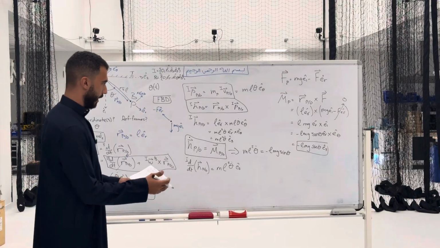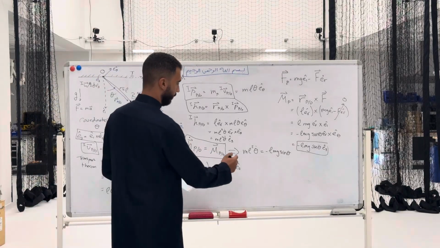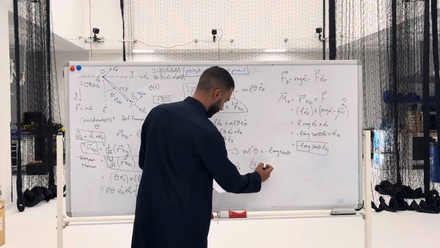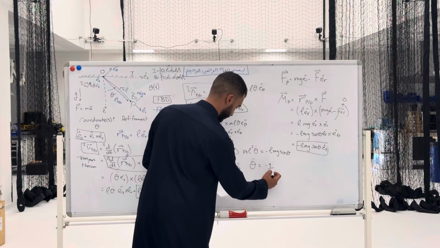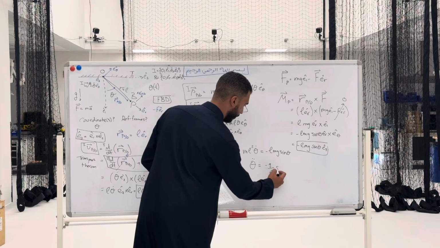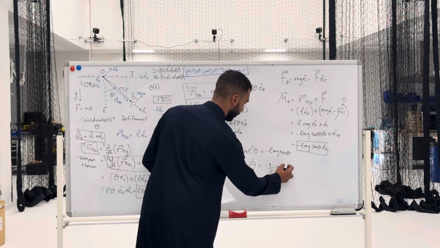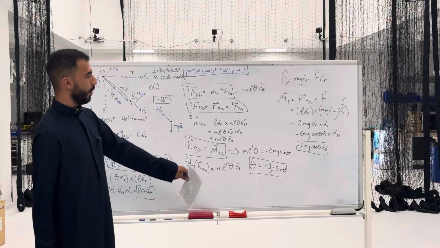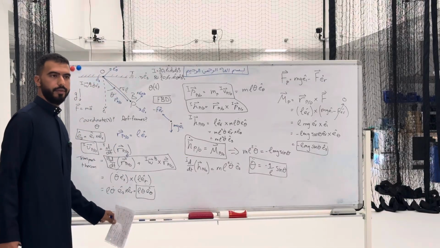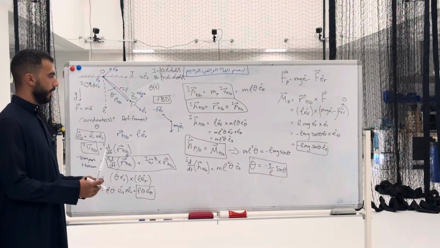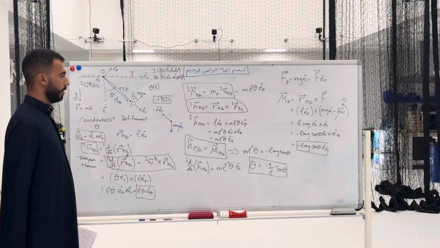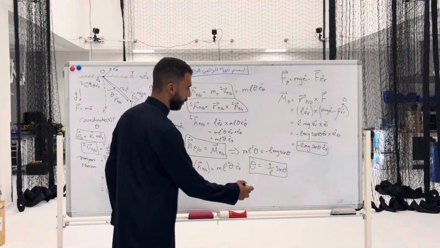I like to have the theta alone, so I can say that theta double dot is negative G over L sine theta. What kind of equation is it in theta? Differential equation. Yeah, it's an ODE.